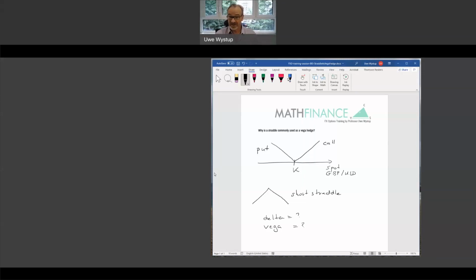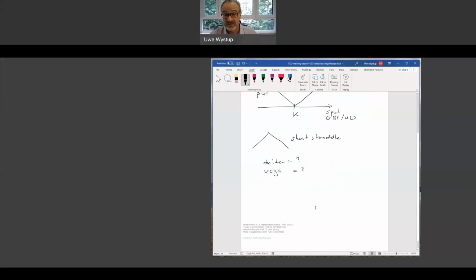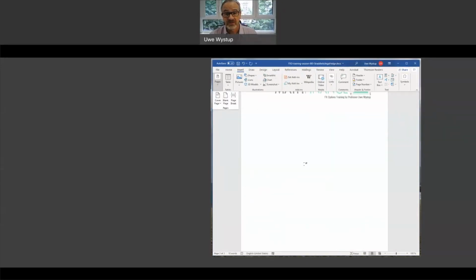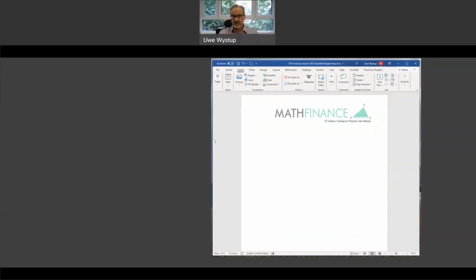Now, why is that? The first thing we need to look at is delta. Let me insert a page here. So let's have a look at delta. Vanilla delta, Black-Scholes model. If you take the Black-Scholes delta, that's where everything can be derived from.